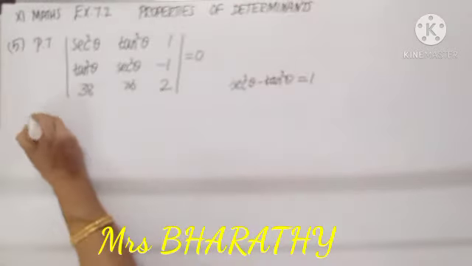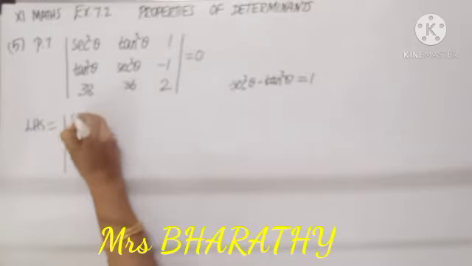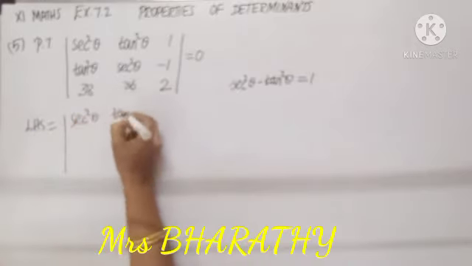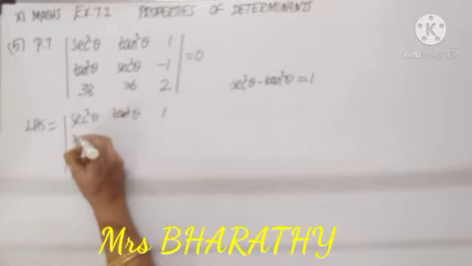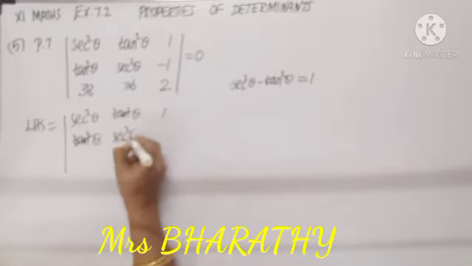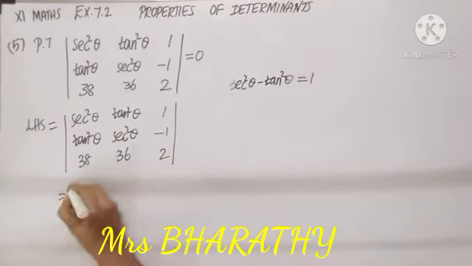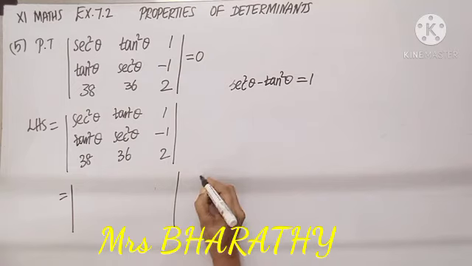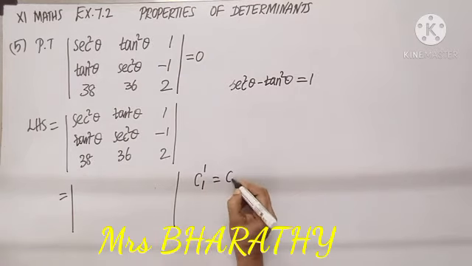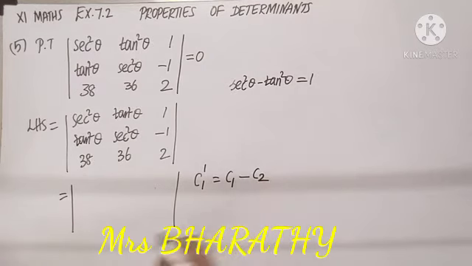So, LHS as I copy: secant square theta, tan square theta, 1; tan square theta, secant square theta, minus 1; 38, 36, 2. To use this identity, let me write new column 1 as column 1 minus column 2.